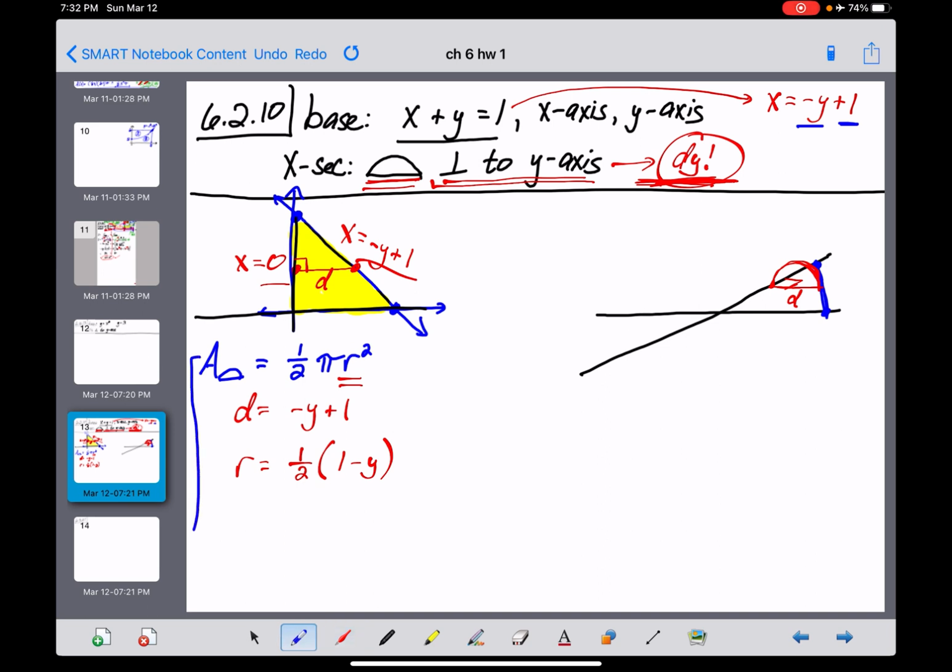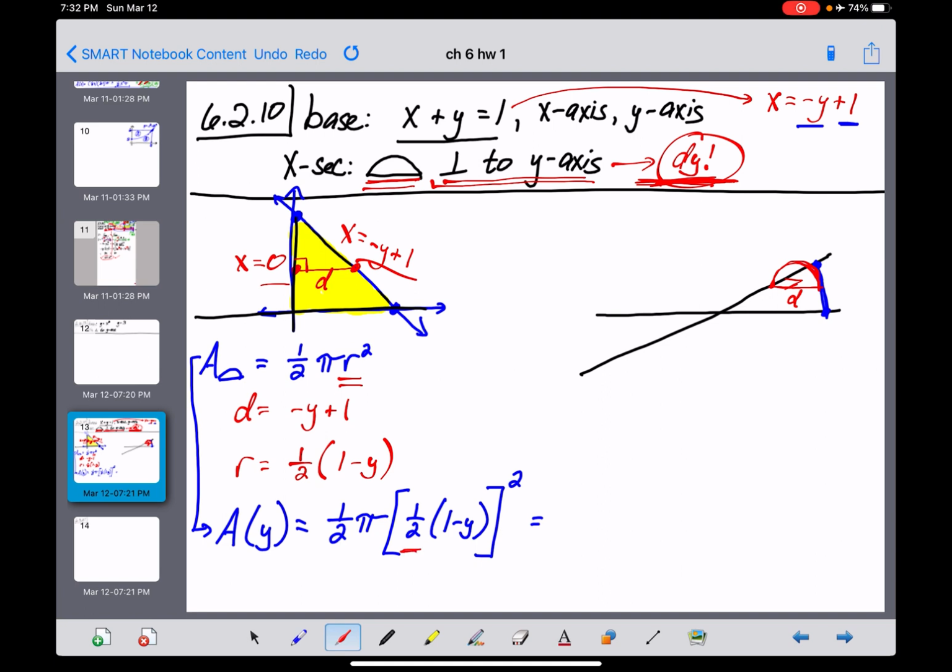So now I'm ready to go back to this formula right here, but write it slightly differently. Area as a function of y is going to be a 1/2 times a pi, and in the place of the r, I'm going to put in a 1/2 times the quantity of 1 minus y. So all of that in brackets is the radius, and that radius now needs to be squared. And I think it would probably benefit us to simplify that a little bit.